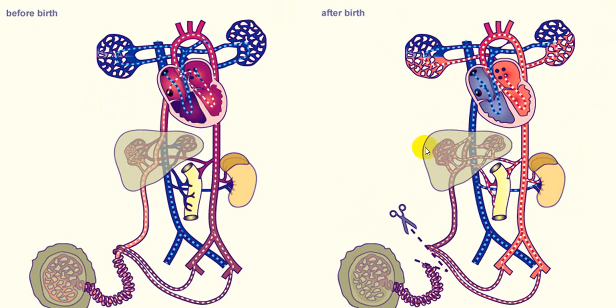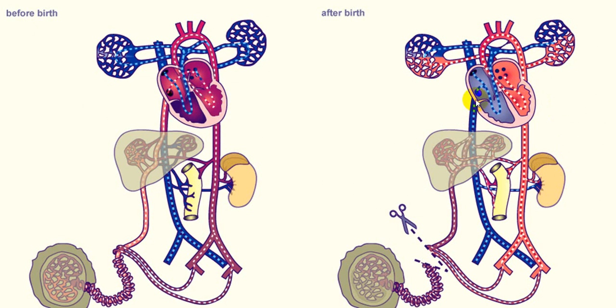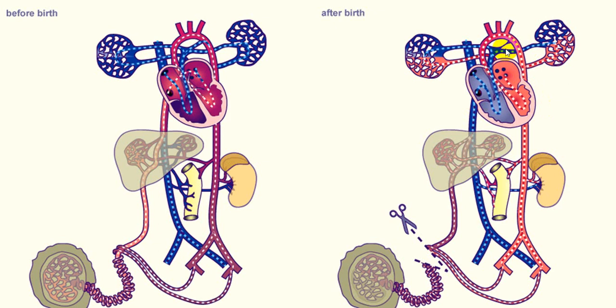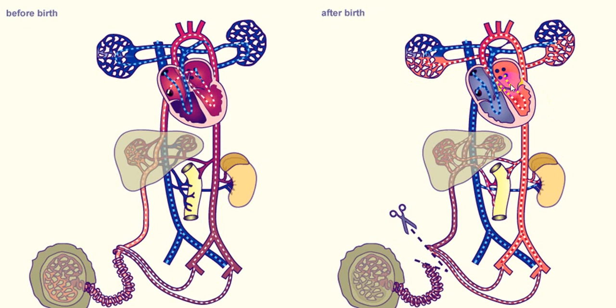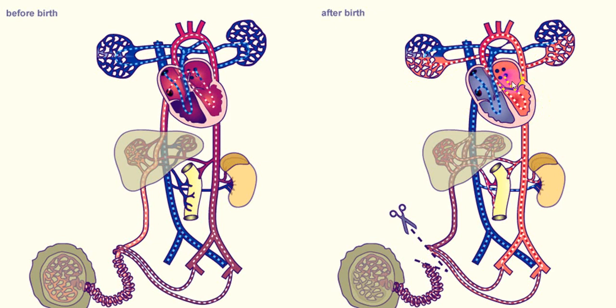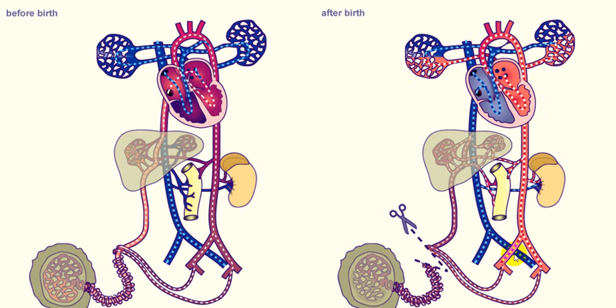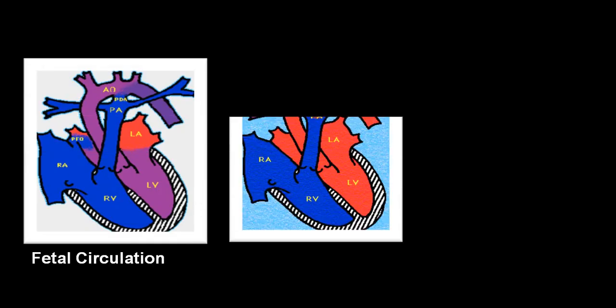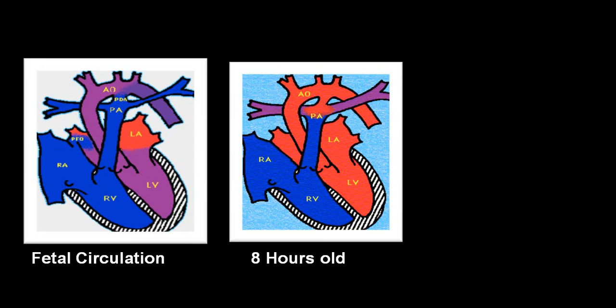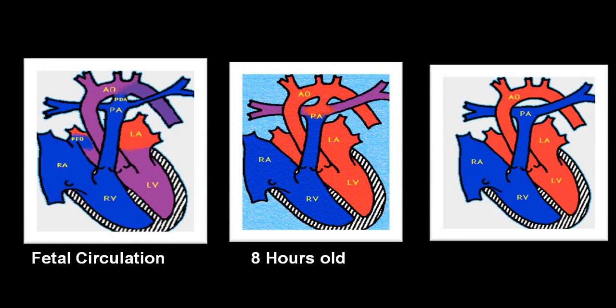And this will be oxygenated blood. This will be deoxygenated blood going to the lung, getting oxygenated, and then that oxygenated blood is coming back to LA, and from LA to LV, aorta and systemic circulation. So that will be the way it will be going. I'm skipping over this slide. This is fetal circulation and this is after 8 hours and this is later on.